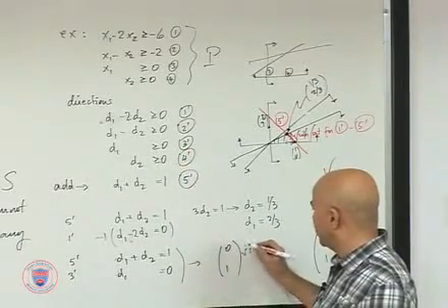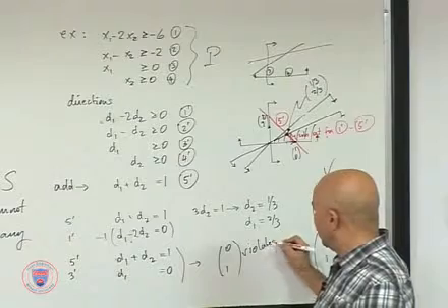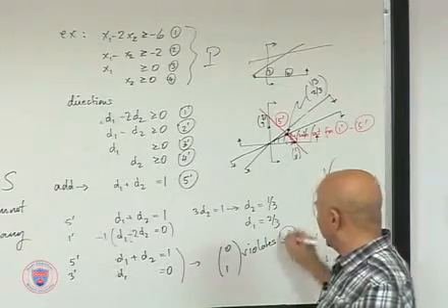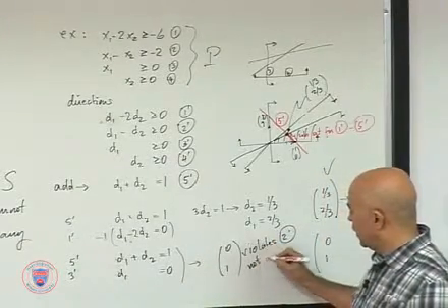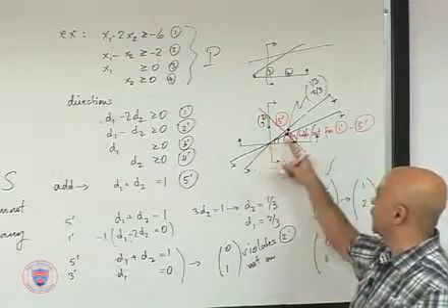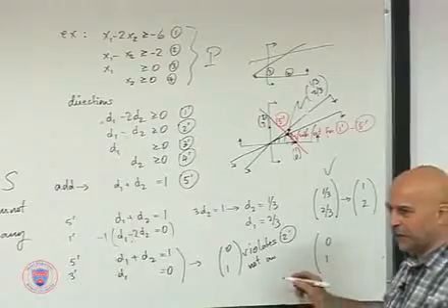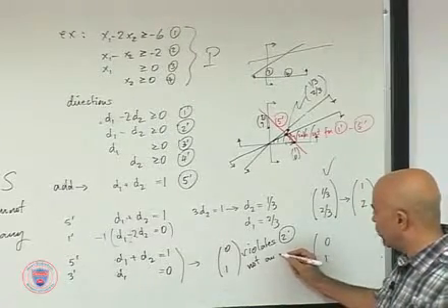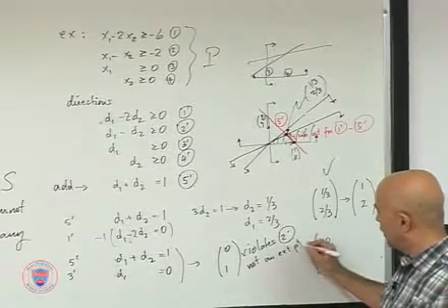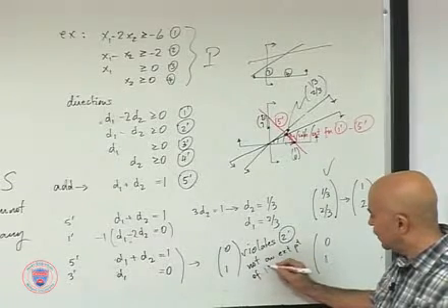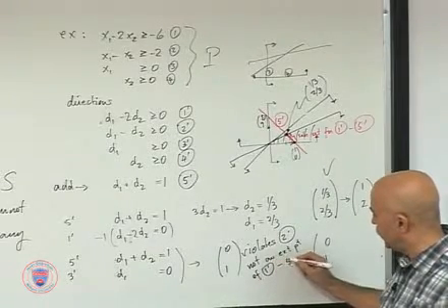So this violates 2 prime, which means it is not an extreme point of the enlarged set, not an extreme point of the system defined by 1 prime through 5 prime.